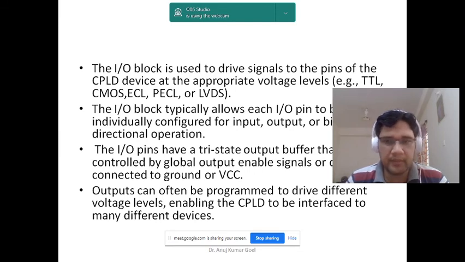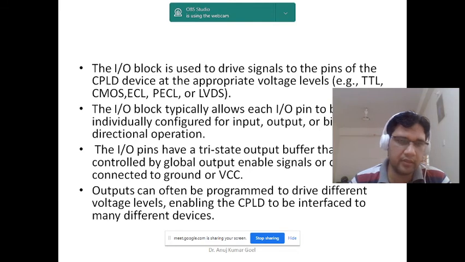But in the case of a tri-state buffer, we make one enable signal. The connection between input and output depends on the enable signal. In a normal buffer there is no enable signal, but in a tri-state buffer an enable signal is there. When the enable signal is active, there will be a connection between input and output.